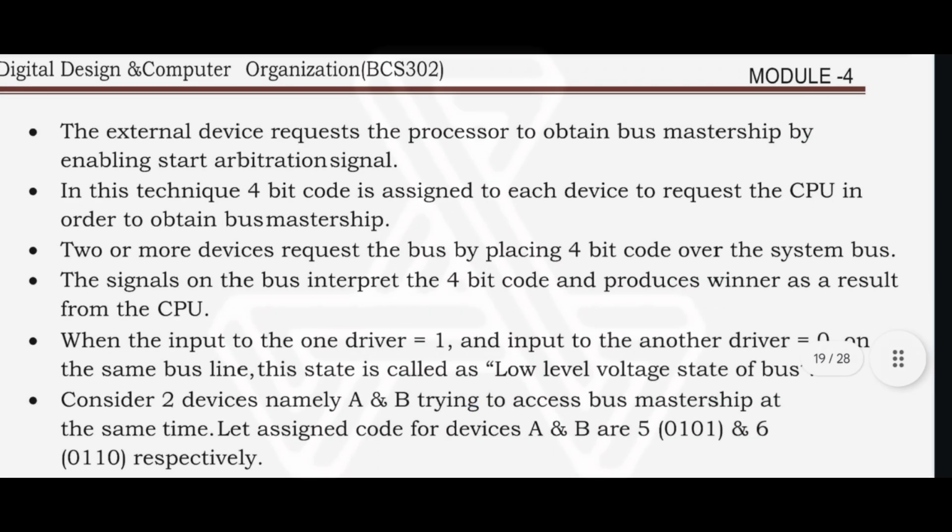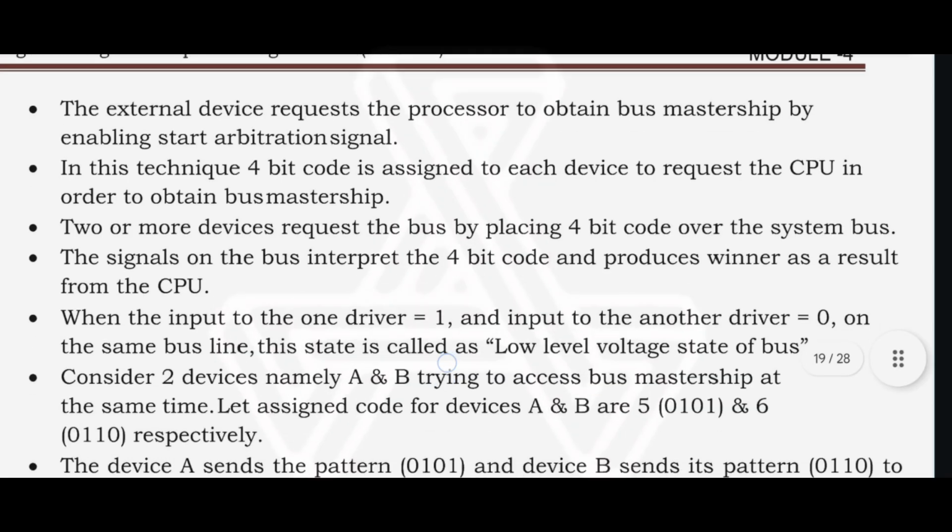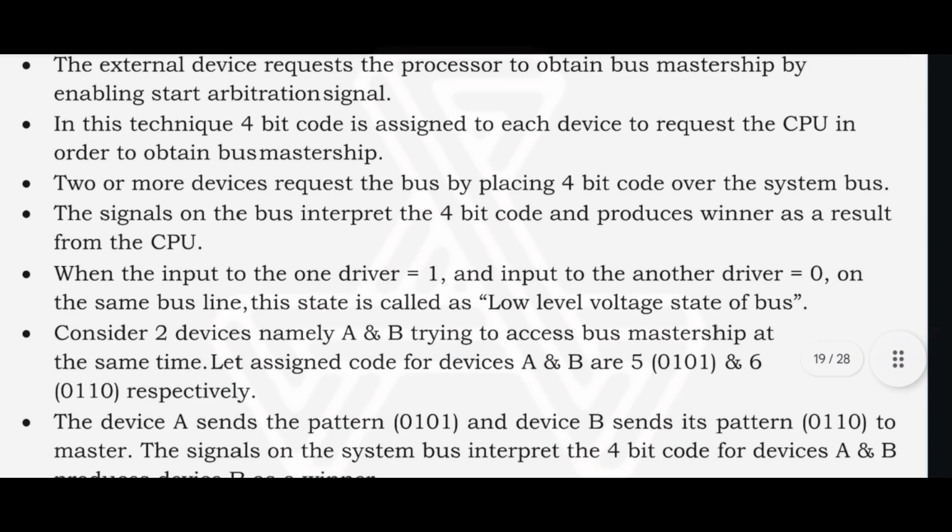The external device requests the processor to obtain bus mastership by enabling the start arbitration signal. In this technique, a 4-bit code is assigned to each device to request the CPU in order to obtain bus mastership. Two or more devices request the bus by placing their 4-bit codes over the system bus.